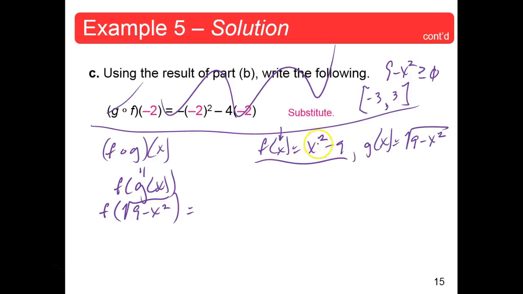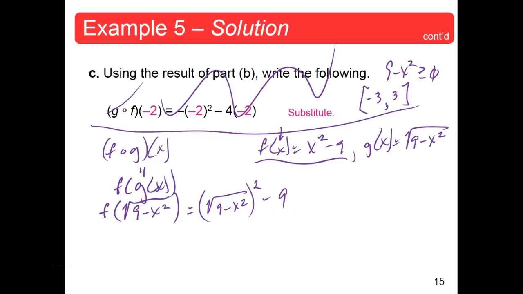You square it and subtract 9 from it, right? That's what you do to the x. So whatever's in here now replaces the x, so you do what? The square root of 9 minus x squared, that's what's in there. And what do we do to it? Square it and subtract 9. Right?